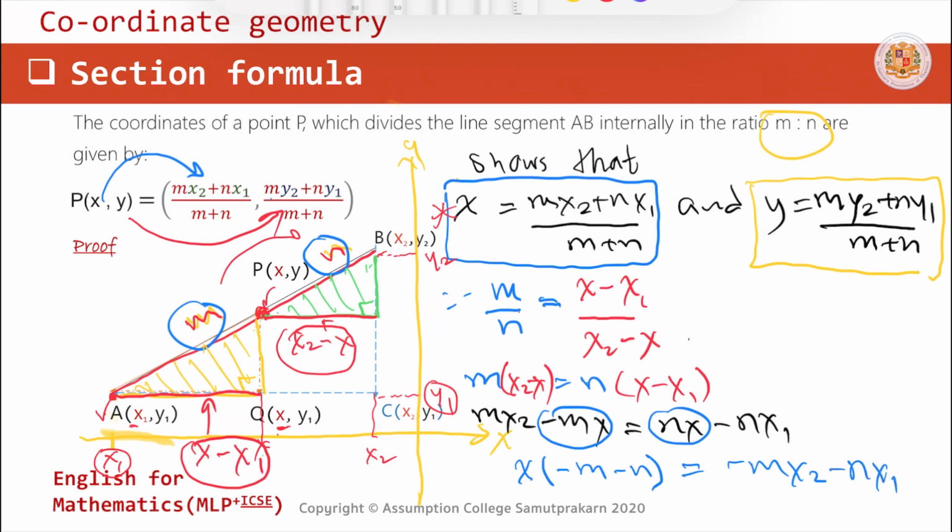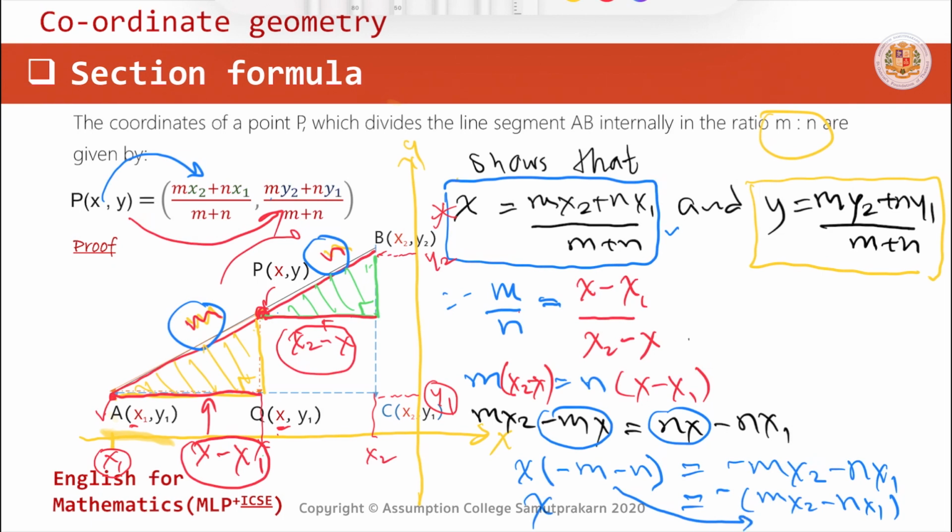And then you get something very close to that. Anyway, so I'm gonna get x equal to, let's take the minus out here, mx2 minus nx1 divided by that value here, okay?